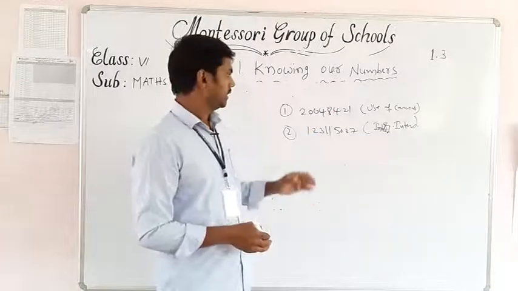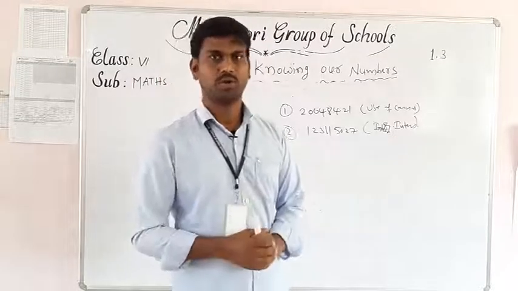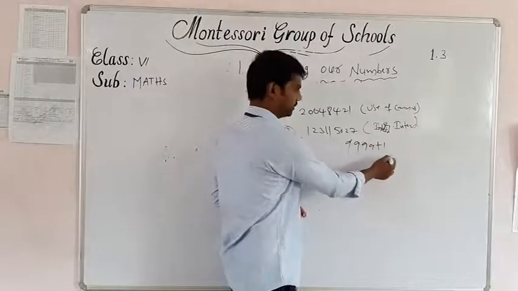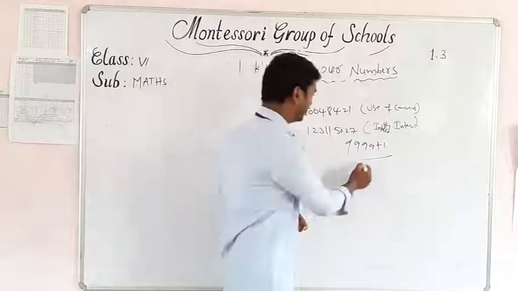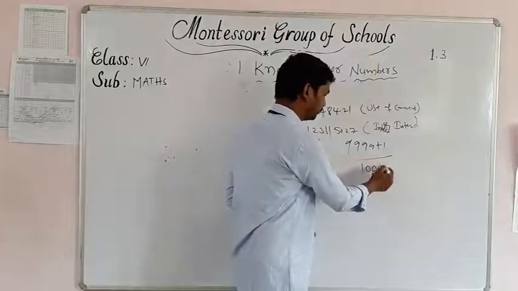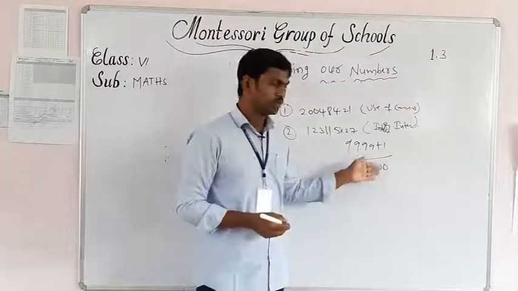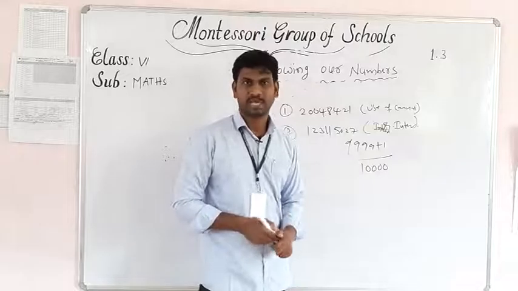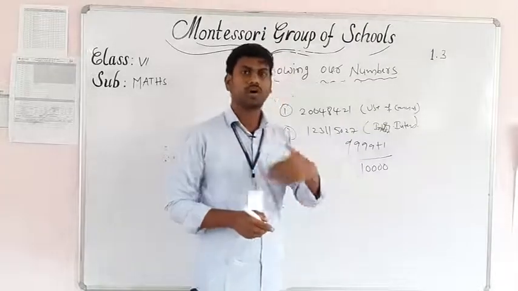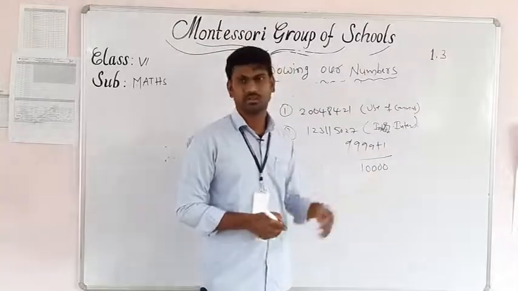And for large numbers, the greatest 4-digit number is four 9s. If you add 1, what will you get? A 5-digit number, the smallest 5-digit number, 10000. Like that, take a 2-digit number, add 1 and check what you get. Take a 3-digit number and add 1. Check whether it is the smallest or greatest number and how many digits it has.